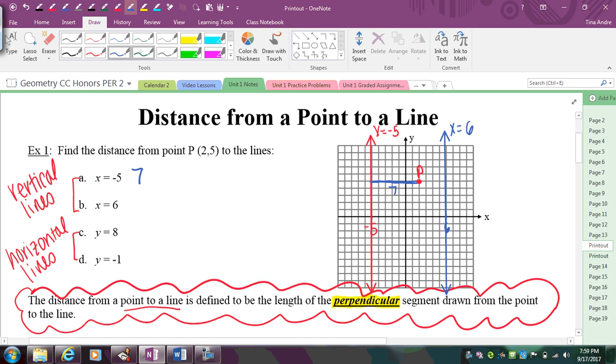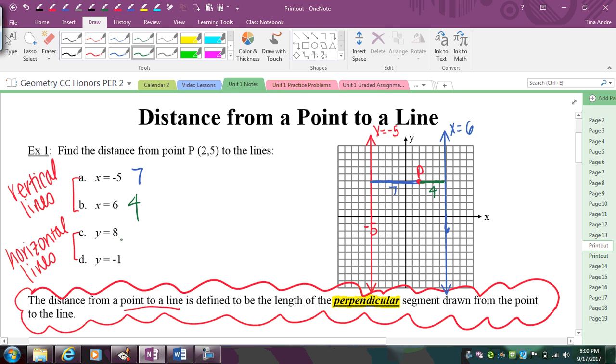If you count the distance from point P to this line, we want the perpendicular distance, so it's the horizontal line between point P and x equals 6, and that has a length of 1, 2, 3, 4. You can also look at the change in the x value. Since -5 was the x value and the point's x is 2, that change was 7, and same thing here, from 2 to 6 was 4, so that's the distance.